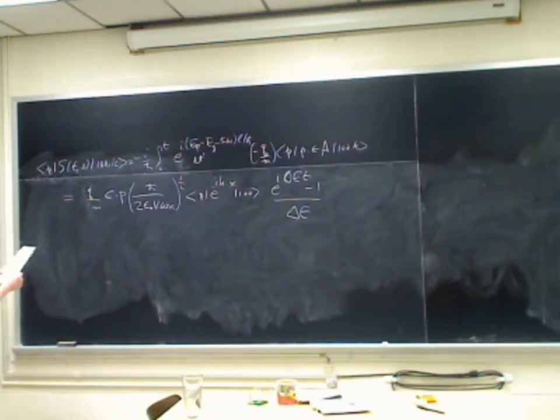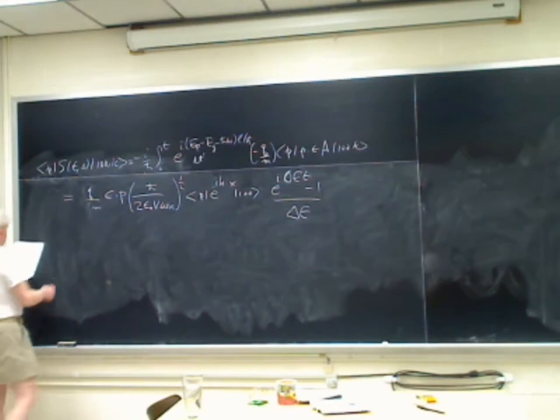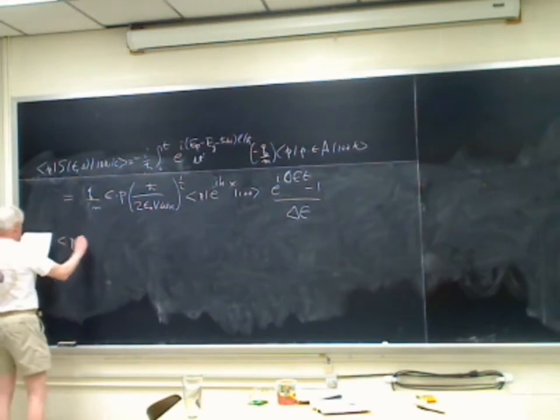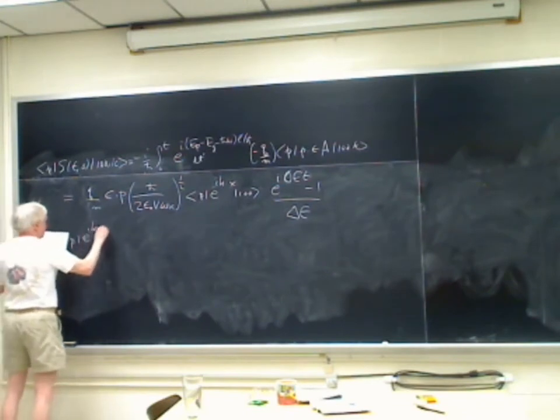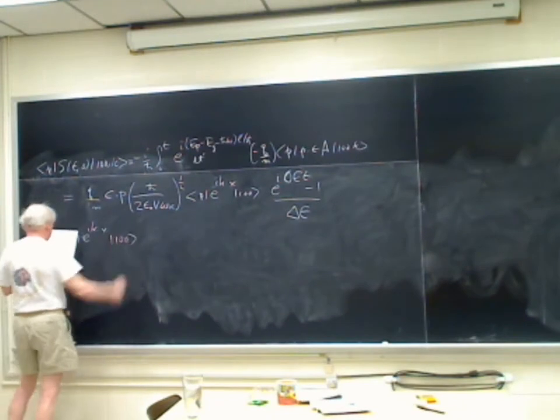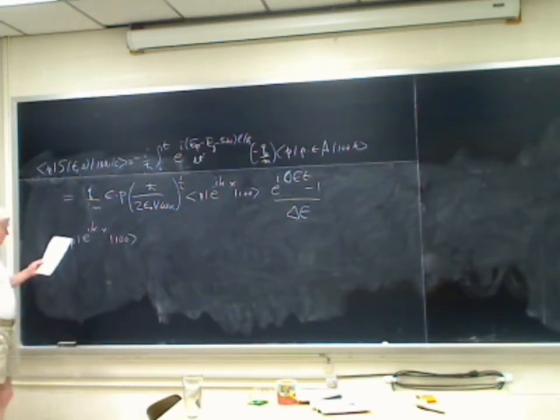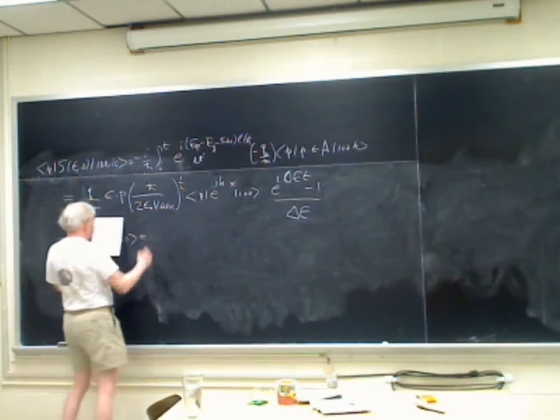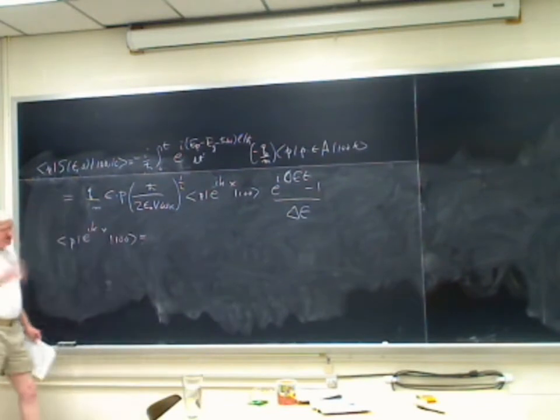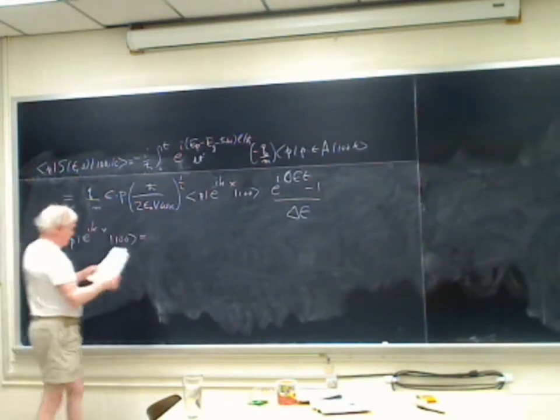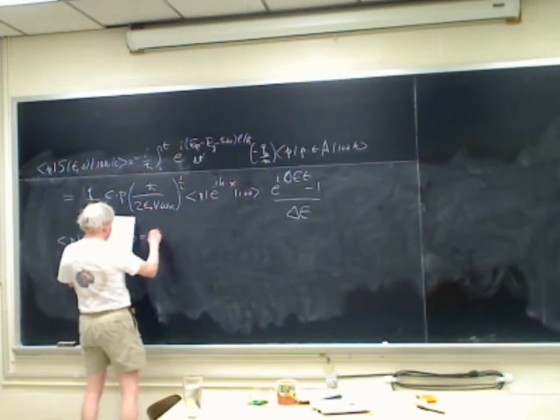So this is our expression. What's this matrix element? Well, p e^(i k dot x) 100. I think I missed a factor of 2 in this because I was converting from, well, I was trying to do it really on the fly.